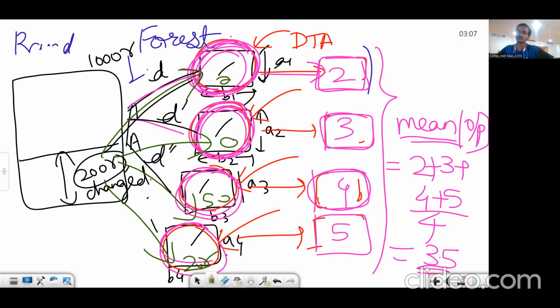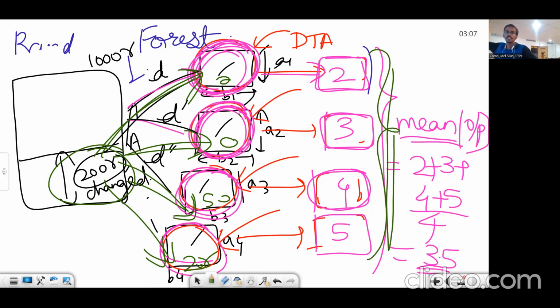That is why the change has been distributed almost equally in all of the subsets, and that is why the output that we get will not change by a great amount. That is why random forest decision trees work very well on most of the data sets, right?